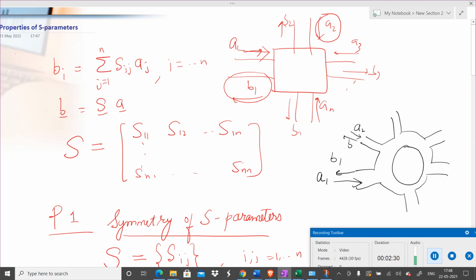One is a component which goes inside this microwave junction, and the other is the part which will be coming out.